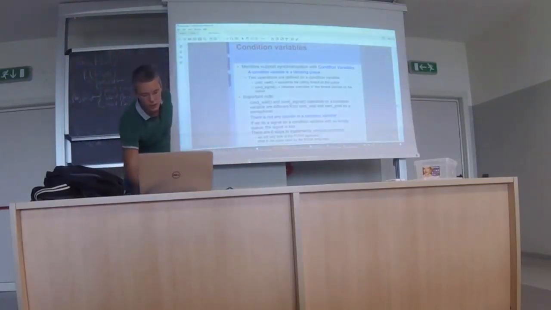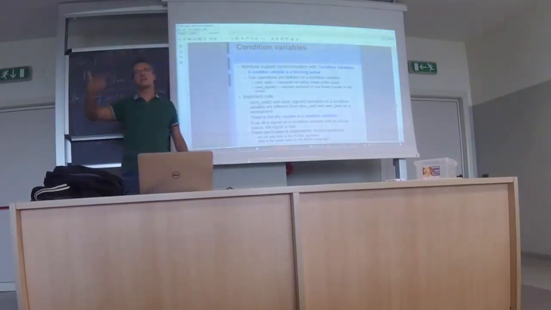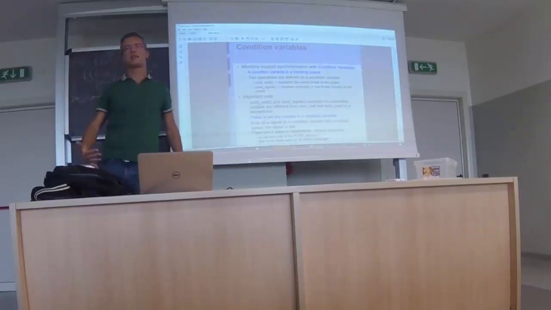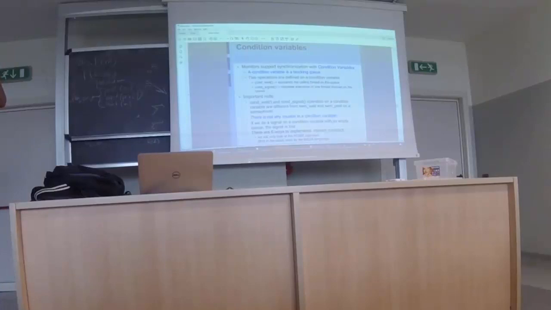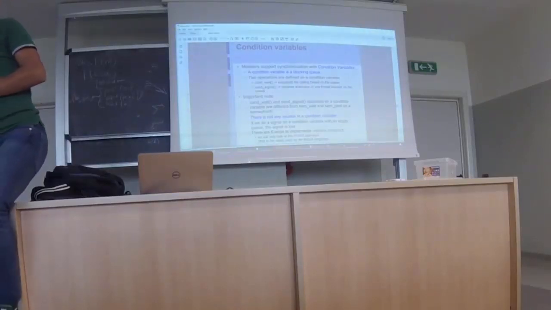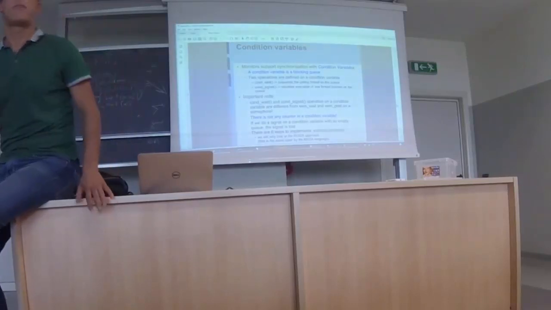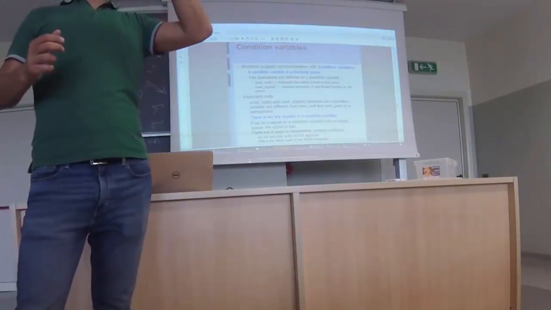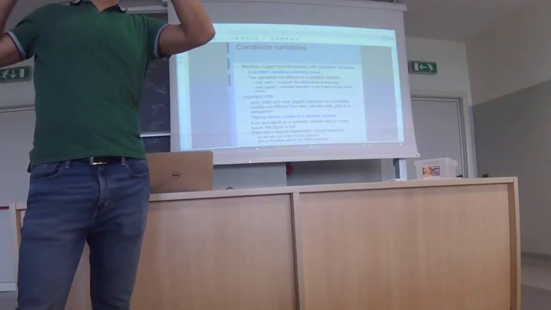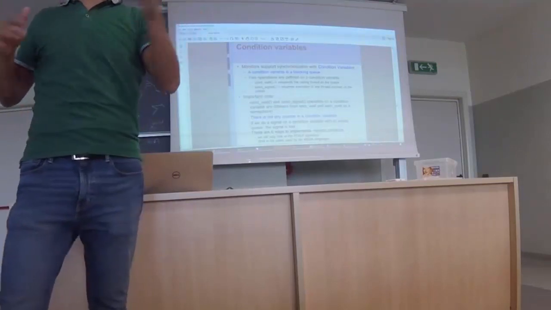So if we do a signal on a condition variable with an empty queue, I don't have any counter. I have just a queue of blocked threads. So if I perform a cond signal, I will not increment any counter, but if there is some blocked thread, I wake it up. If there is no one, simply the signal is lost.